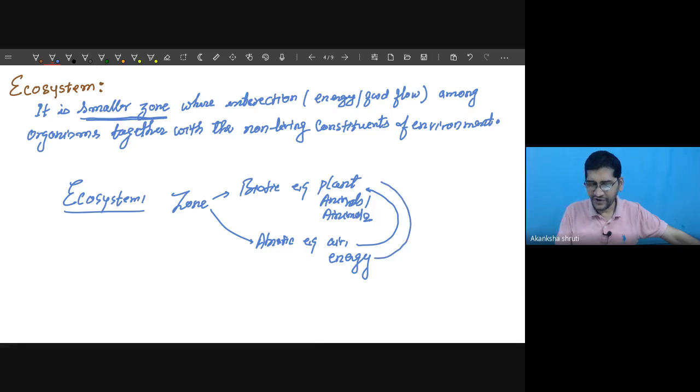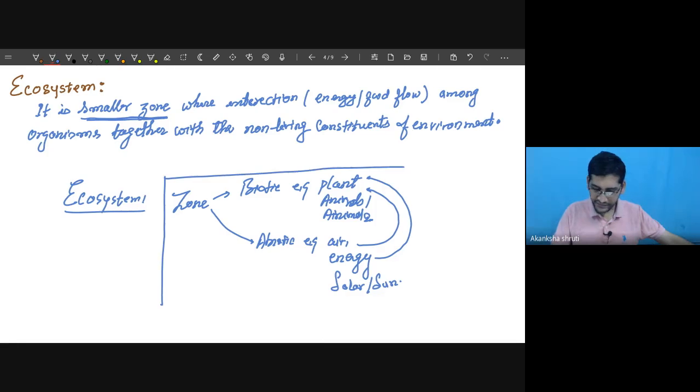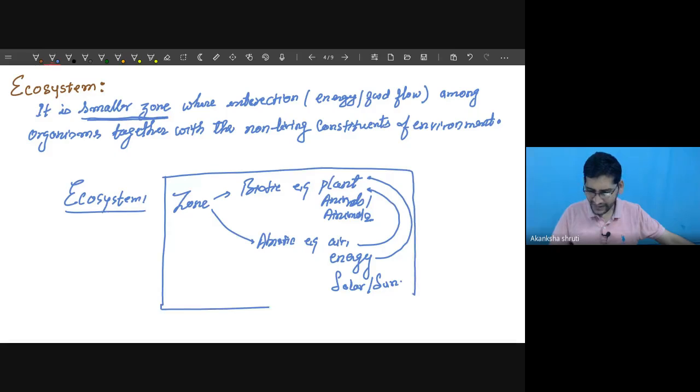Energy is transferred from the plant to the animal, and the plant itself gets this energy from the solar or the sun. So such a region where these biotic and abiotic factors are interacting.